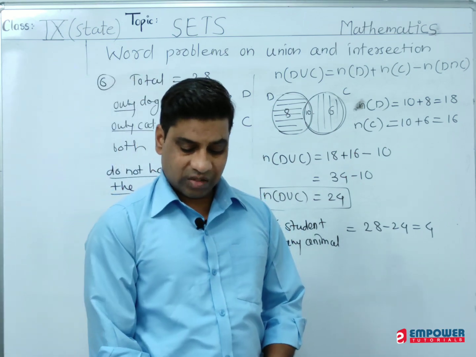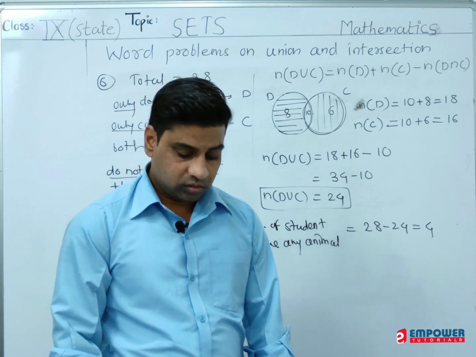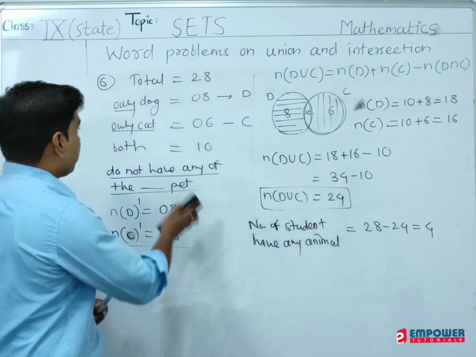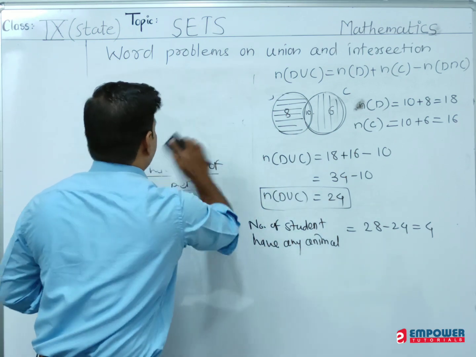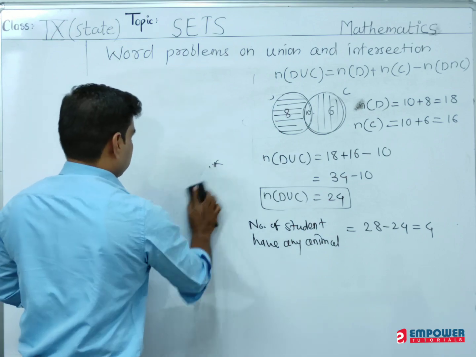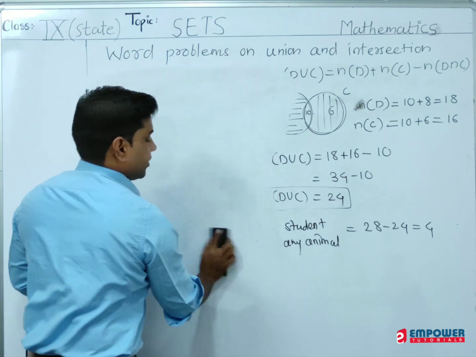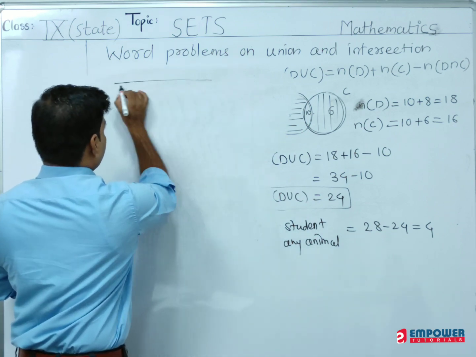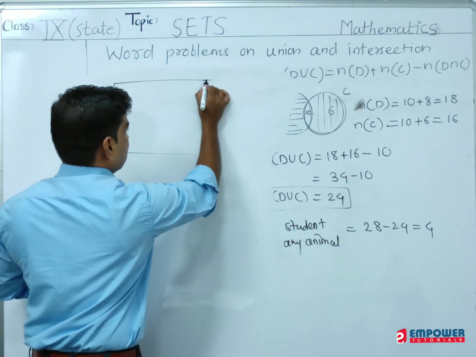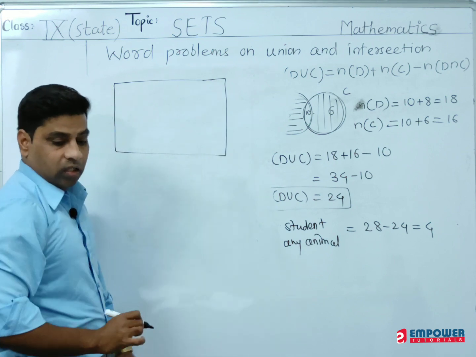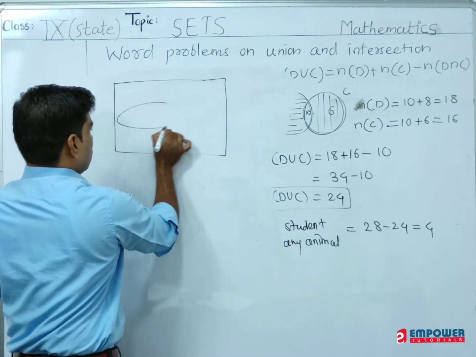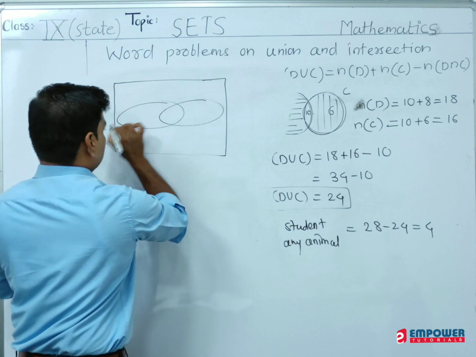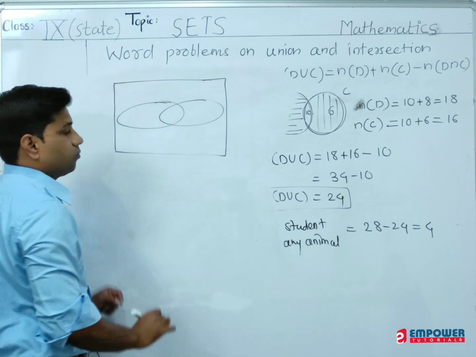One more question. This is a pictorial question. It is the 10th question from your problem set, but it is given in some diagrammatic form. So first I have to draw this. A rectangle is given, then there are two ellipses.